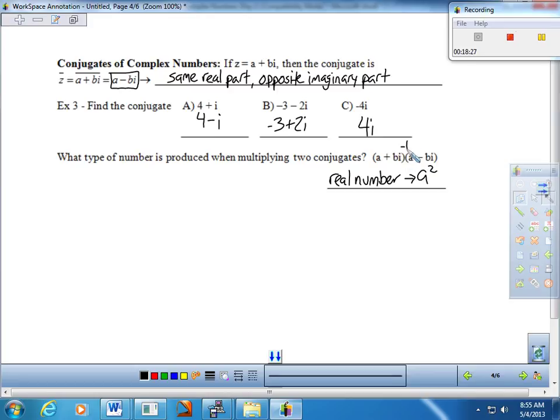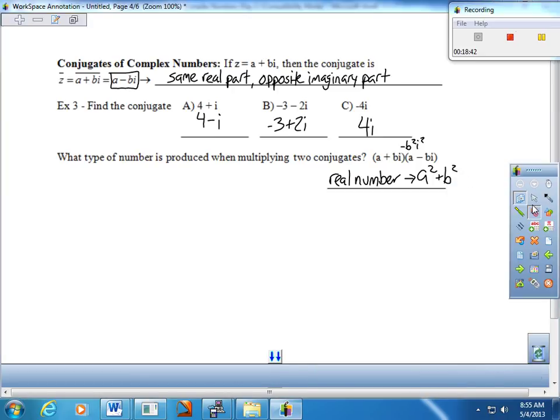Negative b squared i squared, and i squared is just negative 1. So doesn't that change that? And we should get this piece right here. And so as you can see, if you know a and b, and you're going to momentarily, we can get that multiplication pretty quick. All right, well, let's move forward then.